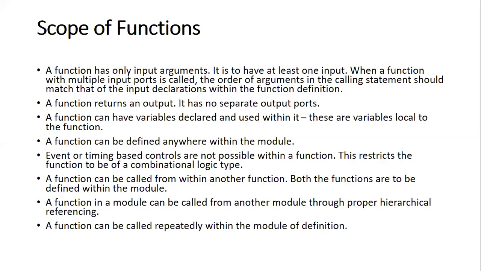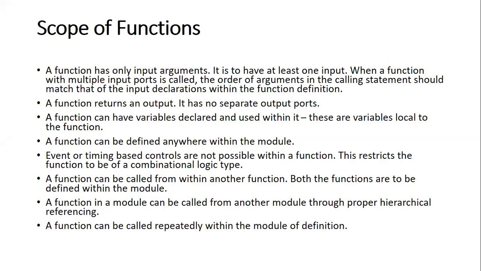So the ports should match properly. A function will return an output, but there is no separate output port. In a function, we will not define any outputs. We will only have inputs, but the function name itself will return the output.